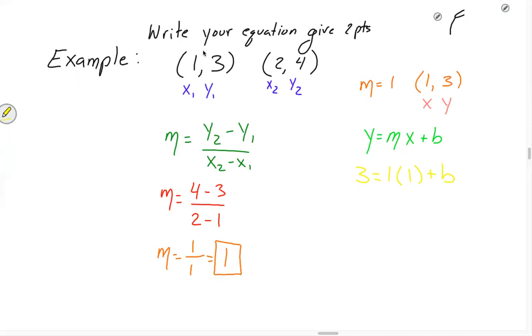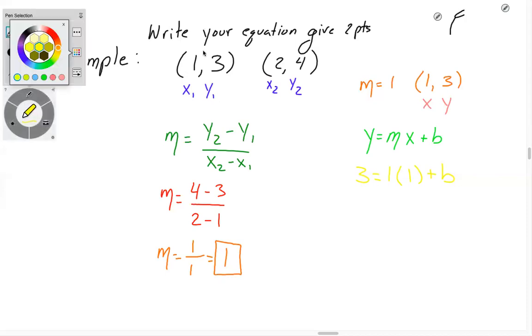Ready for this one, Nate? Mrs. Potts, you didn't see it coming. What's step number 3? Substitute. And you gave me step number 4, so we're going to do it. We're going to substitute, which we just did, and now we're going to solve.